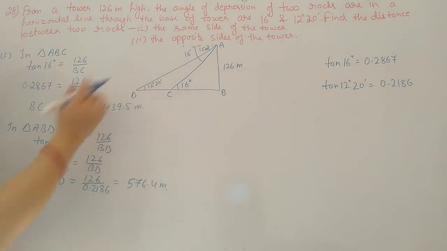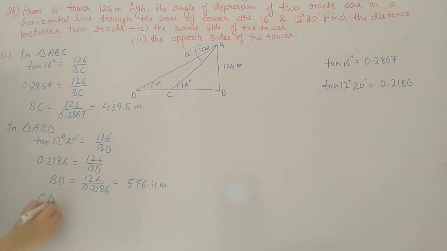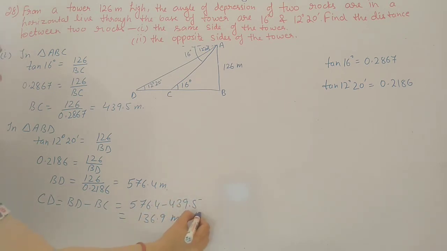We have to find out CD. So CD will be BD minus BC: 576.4 minus 439.5. After subtraction you will get 136.9 meter. Round it off, which you can write 137 meter. So this is according to the first case, when both the rocks are on the same side.